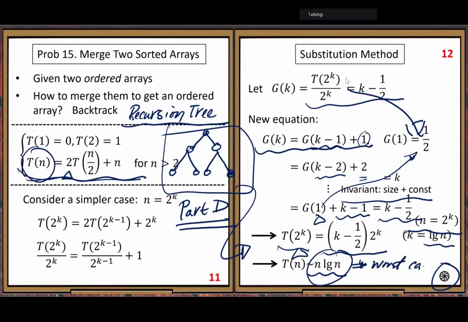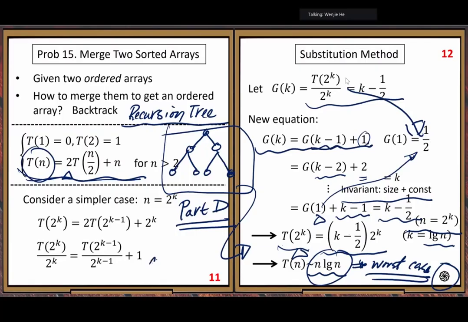But you may ask, how about the best case? For the merge operation, at each merge step, we want to apply the best case formula, not the worst case formula.